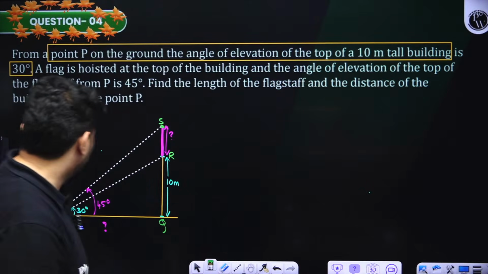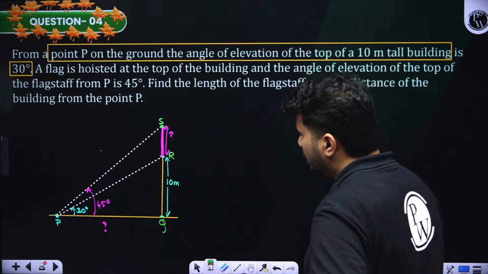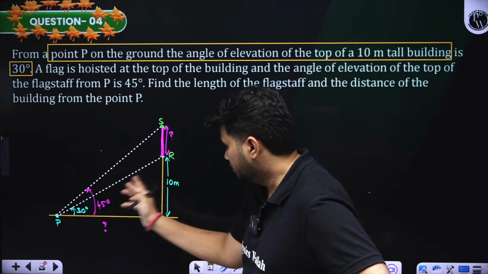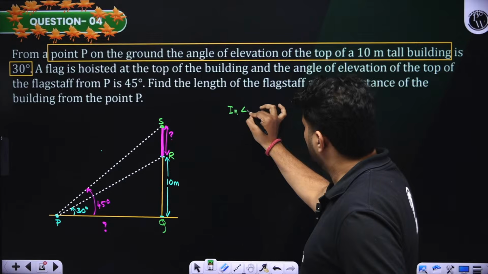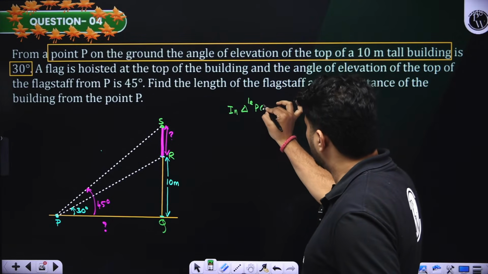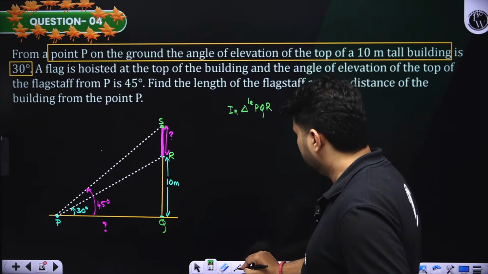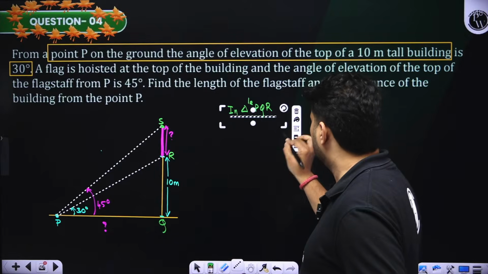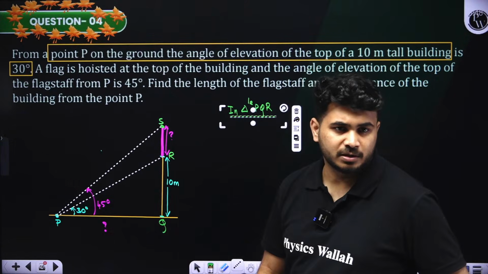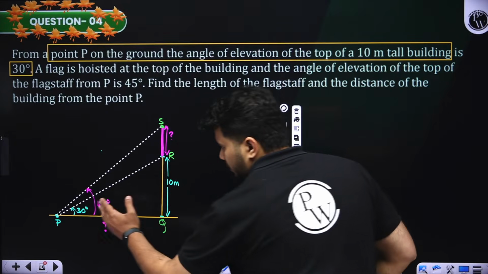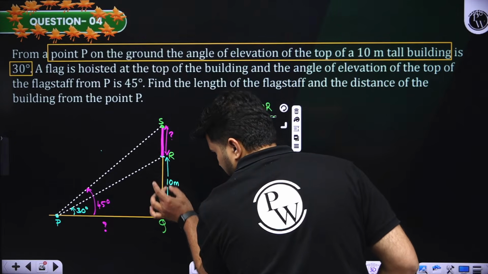So first triangle PQR, this triangle what we have. In triangle PQR. Someone had a doubt: why do we use tan theta, right? Look, now I need to find this side, and I already know this side.